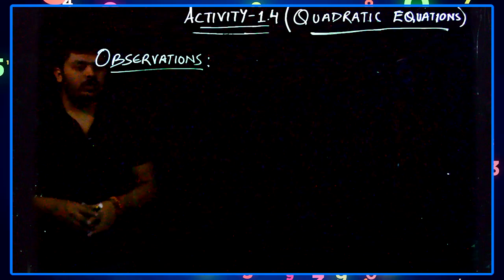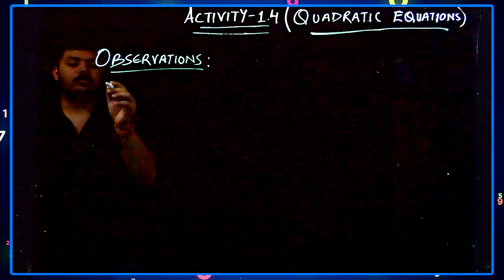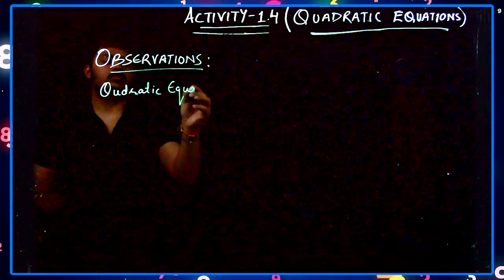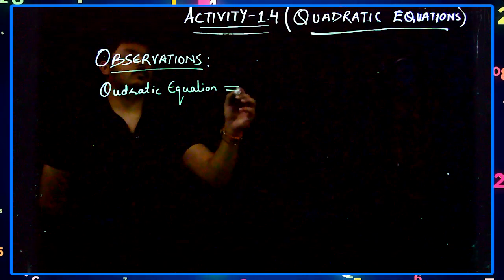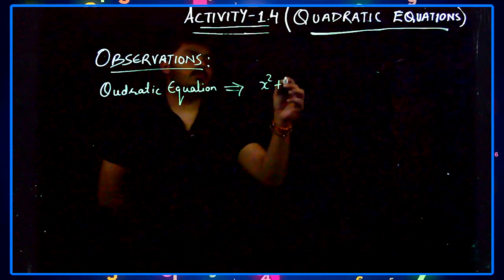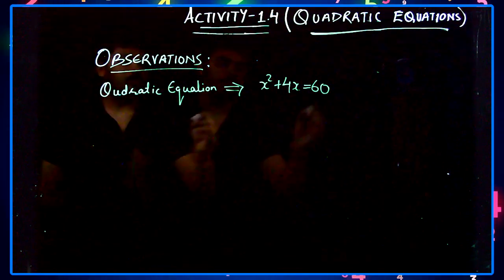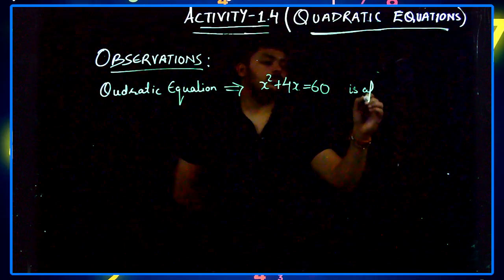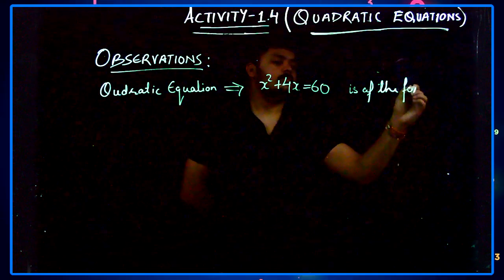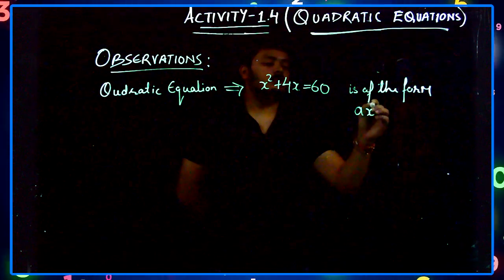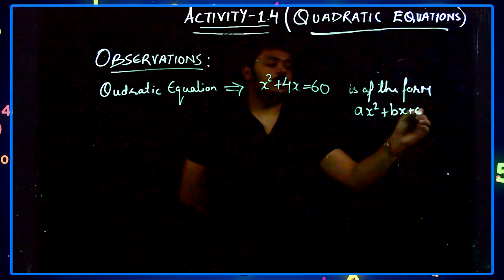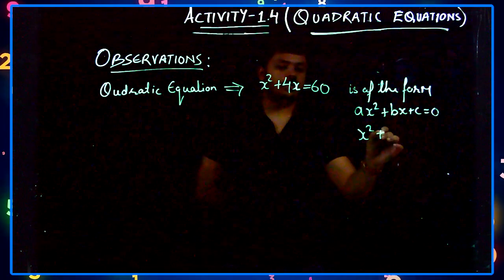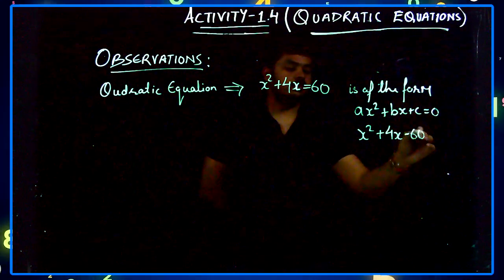So students, our observation for the given activity is: our quadratic equation was x square plus 4x equals to 60, and it is quadratic because it is of the form ax square plus bx plus c equals to 0, as this can be written as x square plus 4x minus 60 equals to 0.